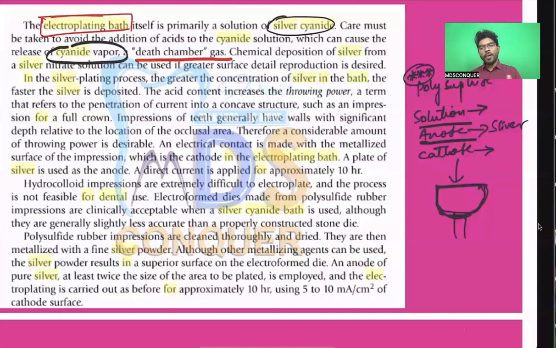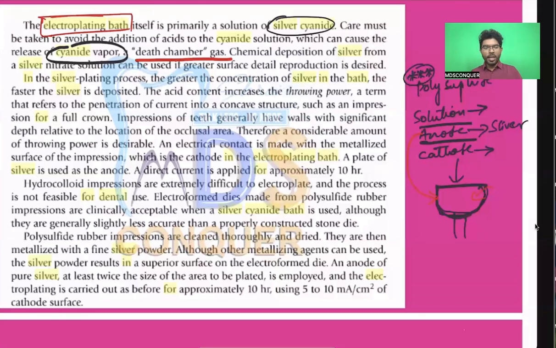Because the cathode is the impression material, something should deposit on the cathode, then only electroplating will occur. Deposition starts from the anode, which is silver, and the deposition will occur on the cathode. This process is called throwing power. They can ask you where the deposition will occur. The deposition occurs on the cathode, that is, the impression.